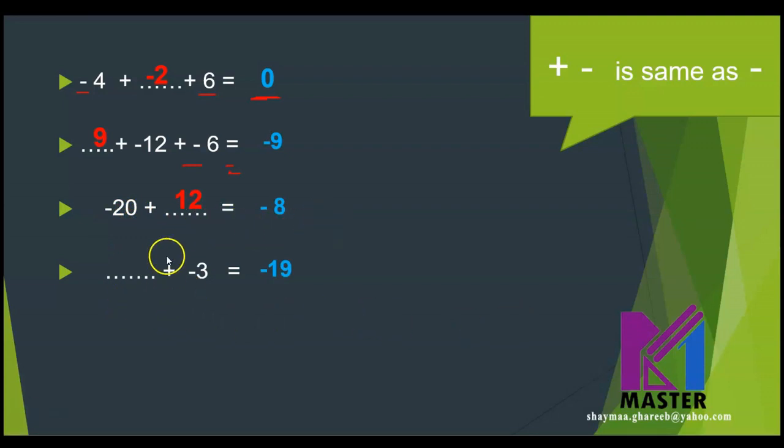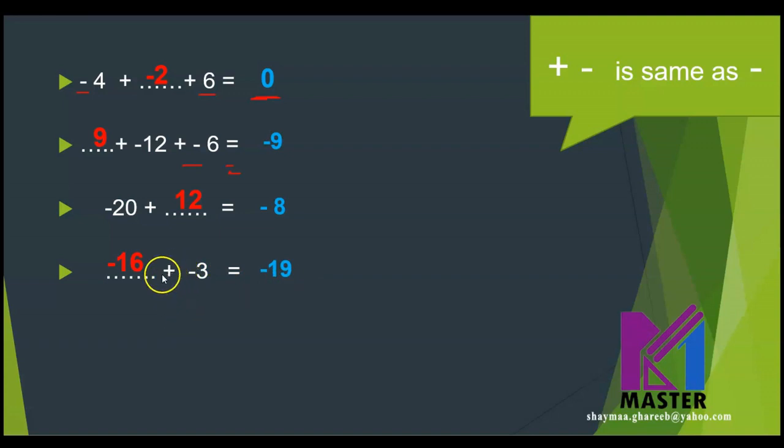In the last example, I have a number plus -3 gives -19. The -3 became -19, which means it's getting smaller, so it needs more negative numbers to be added. So the missing number here will be -16. -16 plus -3 equals -19.